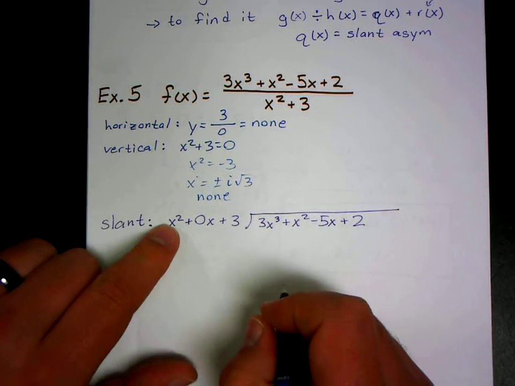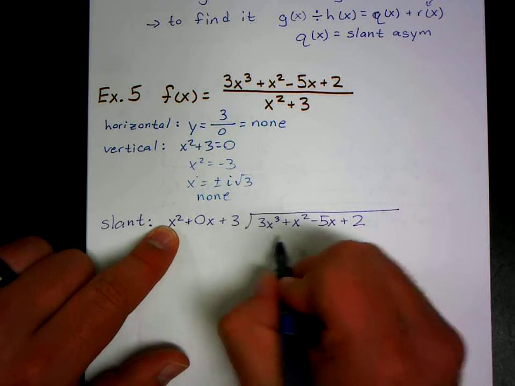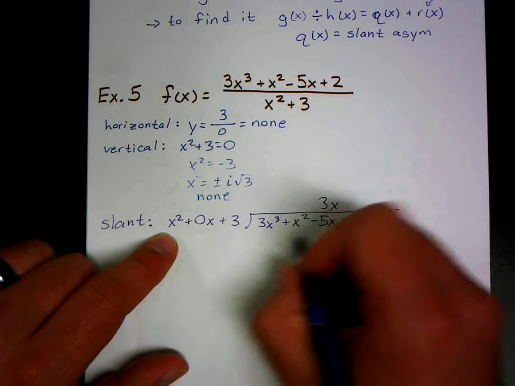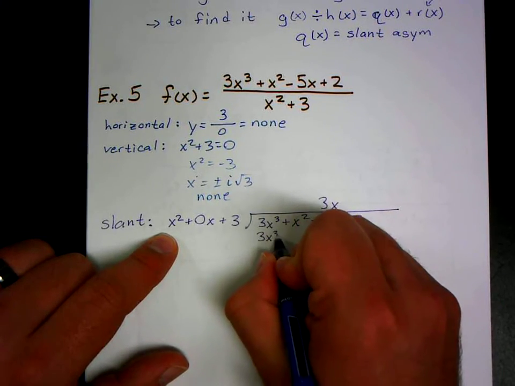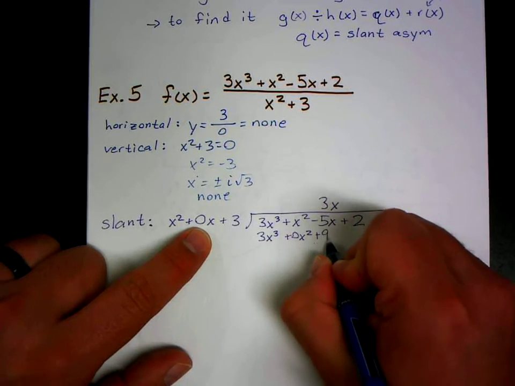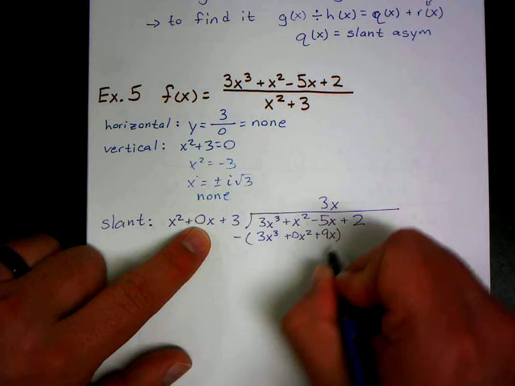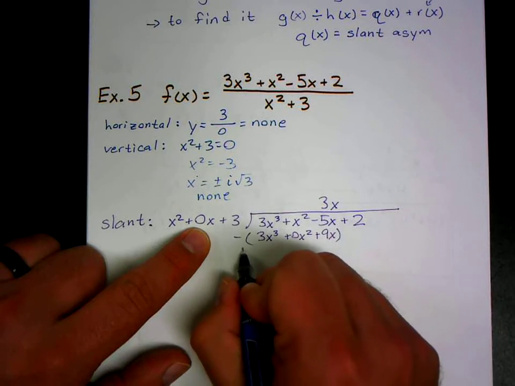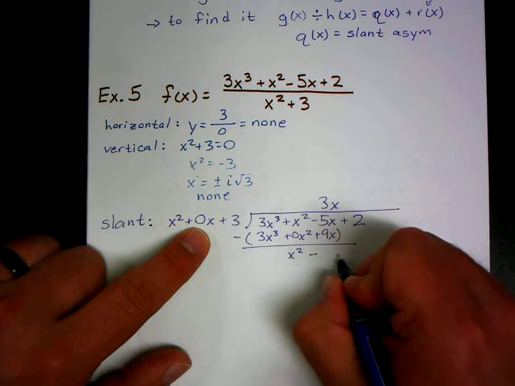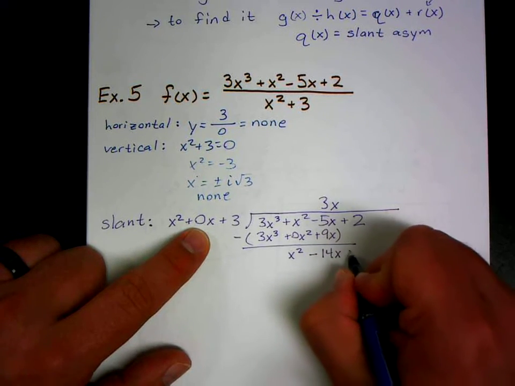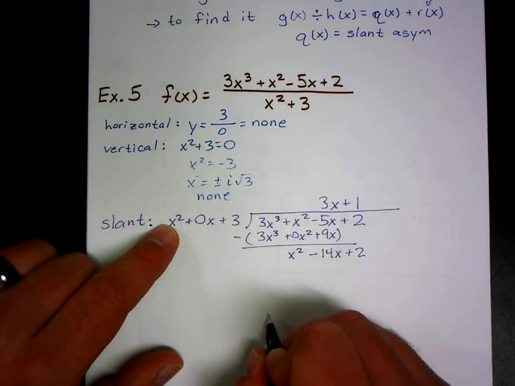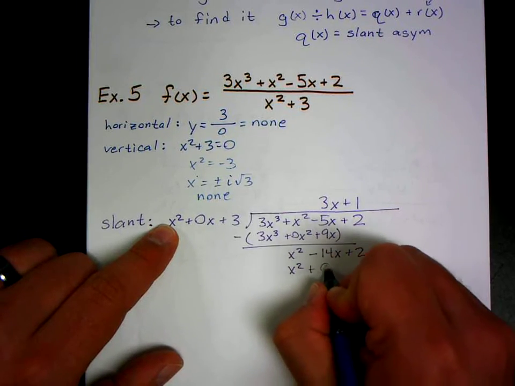Alright, so what do I need to multiply x squared by to get 3x cubed? 3x. Okay, so that's 3x cubed plus 0x squared plus 9x. Subtract that. So I get x squared minus 14x plus 2. Okay, I just need a 1 to get x squared.